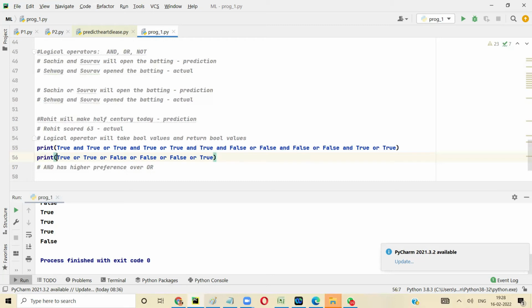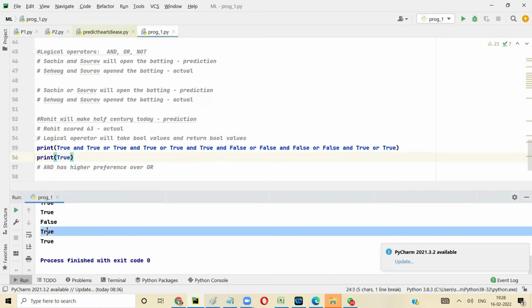Now you will replace all the ORs. True or true is true. True or false is true. False or true is true. No false, it's all true, right? True or true is true. So when you run it, it should give us true. See, it gave us true.